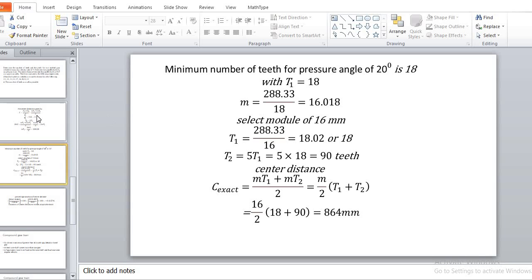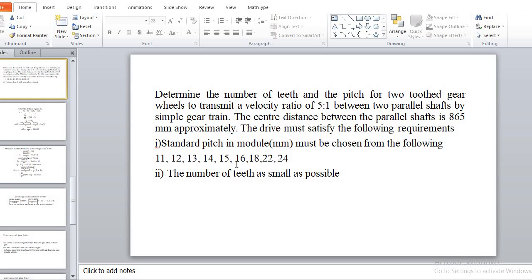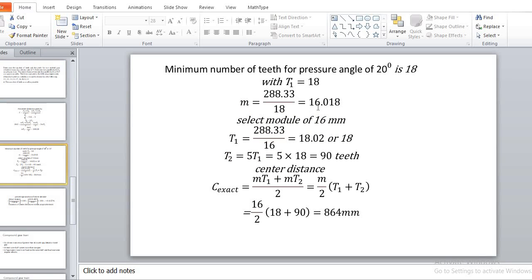But in the given data, the module is available as 16, a 16 mm module. So this is approximately considered, and we select the module as 16 mm.